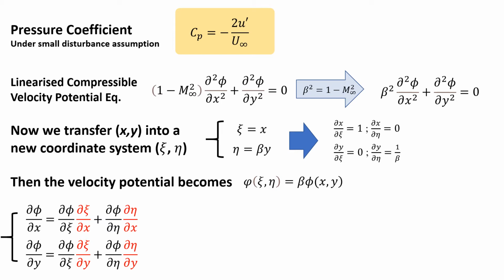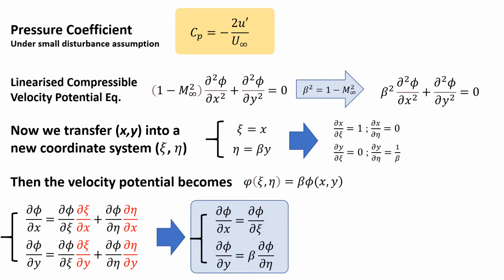Since it's a chain rule, we also have the derivatives of the coordinates, which are highlighted in red. These red items can be replaced by the conclusions above. Then the relation between the two velocity potentials can be found.